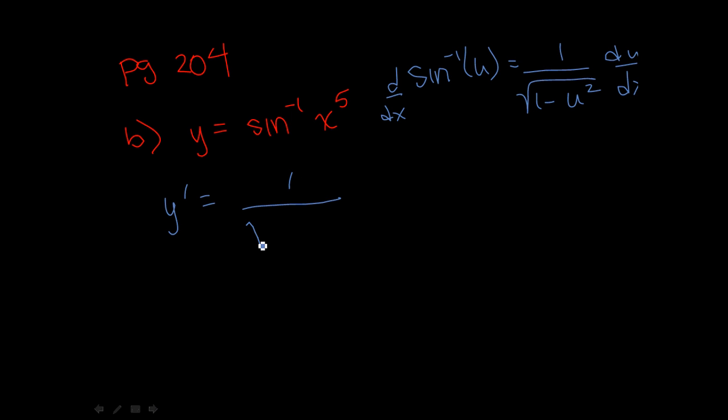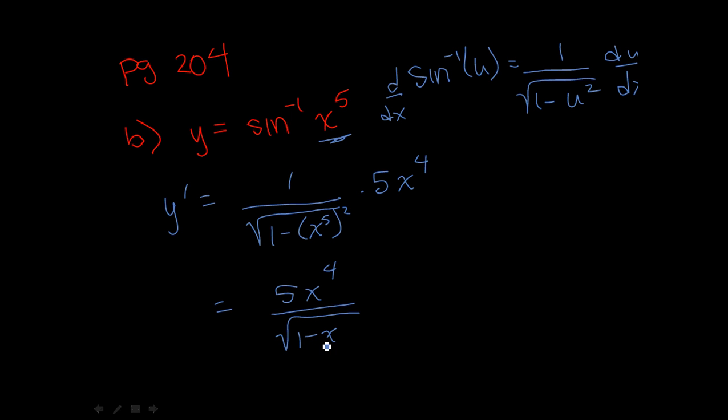We have 1 over the square root of 1 minus (x to the 5th) squared times the derivative of the angle, which is 5x to the 4th. So you could maybe simplify this and write 5x to the 4th over the square root of 1 minus x to the 10th power.